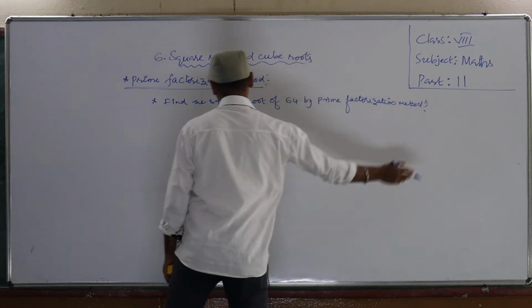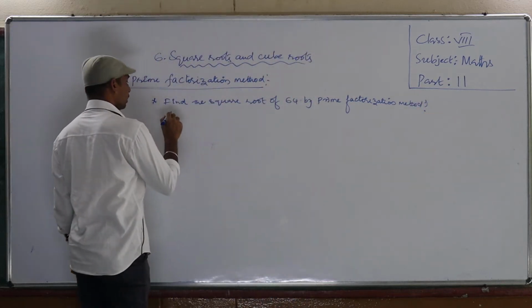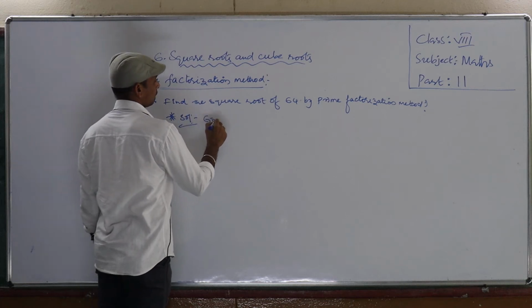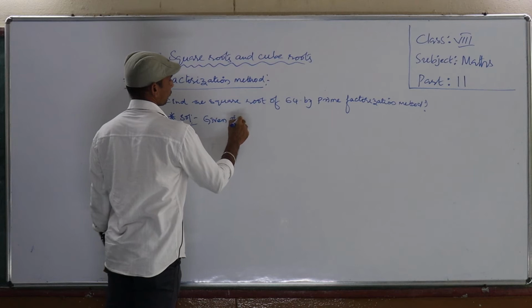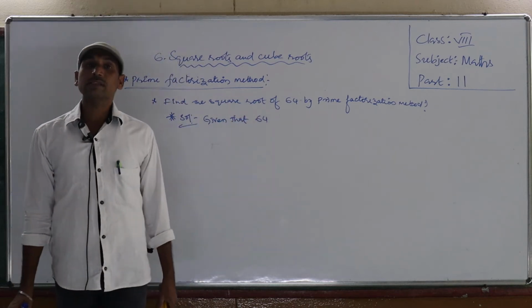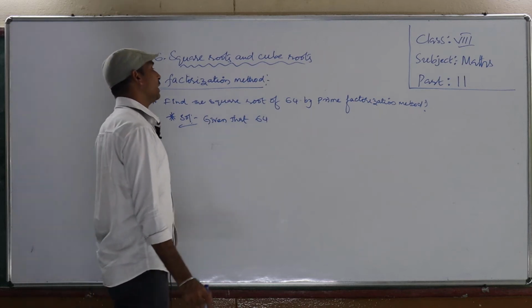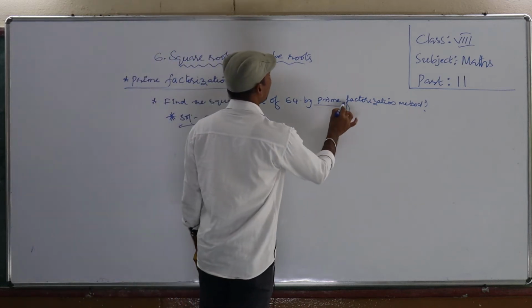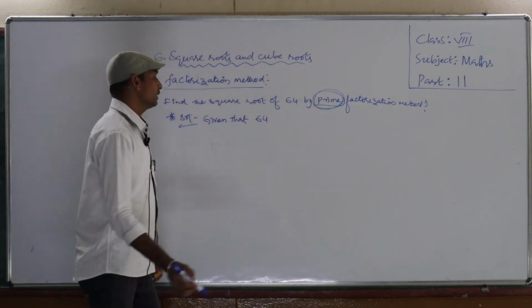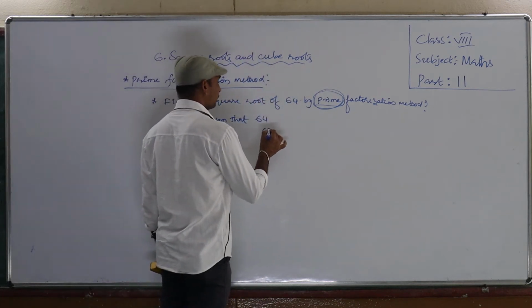Children, this is very important. The given number is 64. We have to write this 64 as a product of prime numbers. So how will we get it? Take 64.